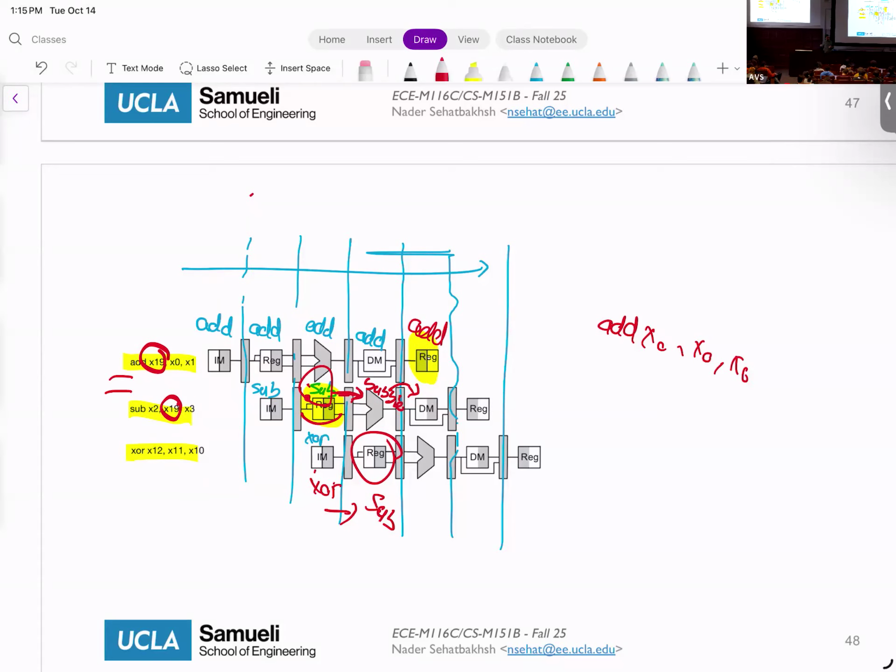I'm going to pass that until the add reaches the write back stage. Then you just let it go. So it's like a stop: sub waits, the add reaches the write back stage, and now you let go.